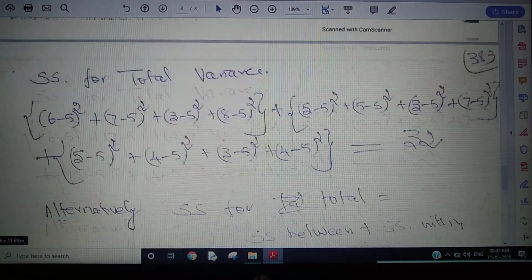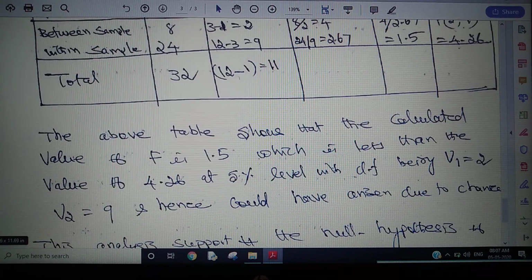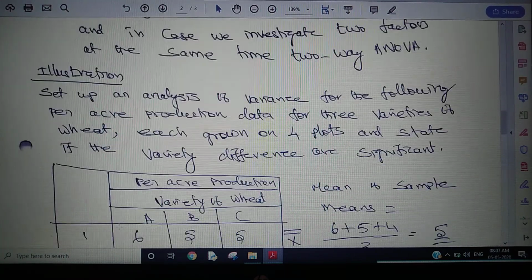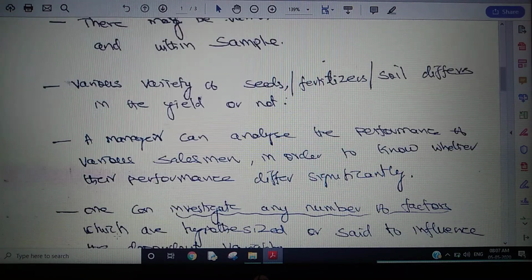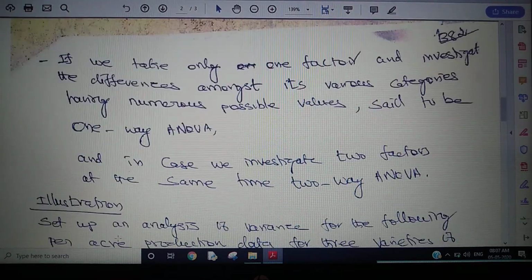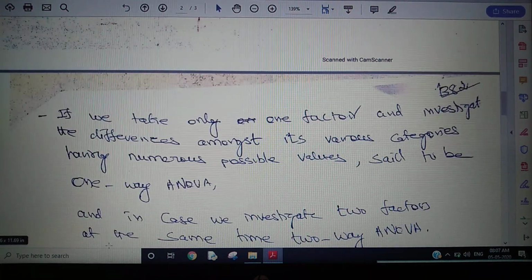So what I am saying is, the 3 varieties are compared based on the variance within the samples and between the samples. This is called ANOVA, analysis of variance. With one factor it is one-way ANOVA, with more it is two-way ANOVA.